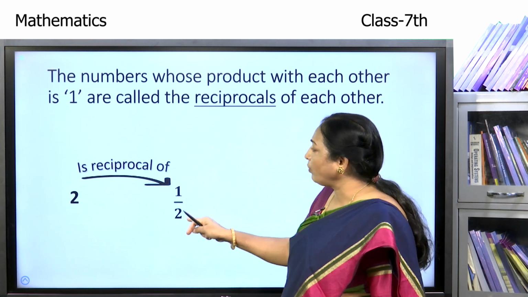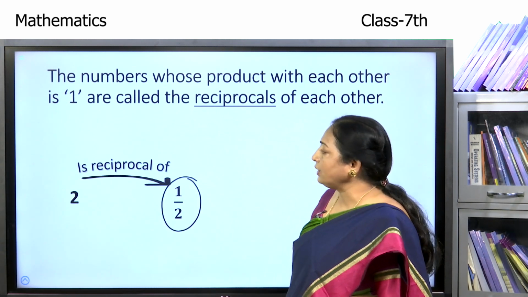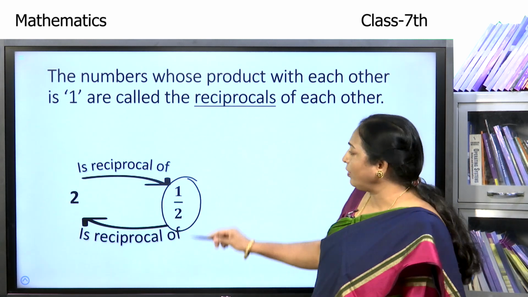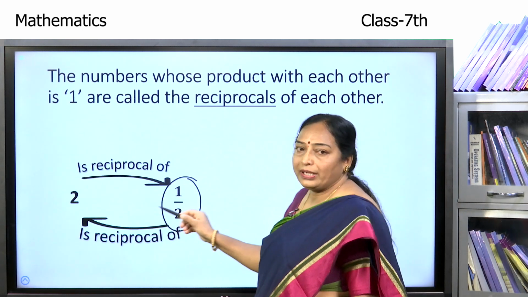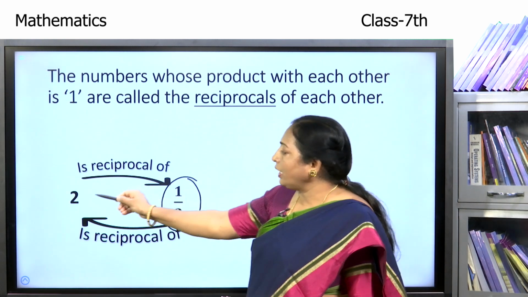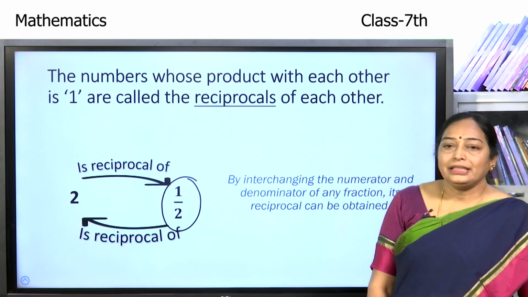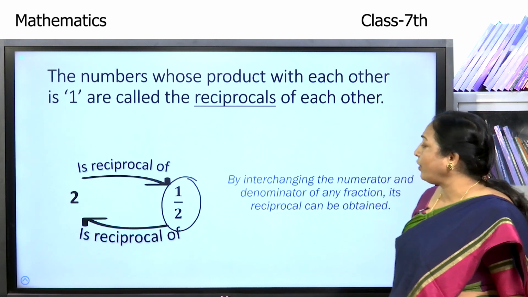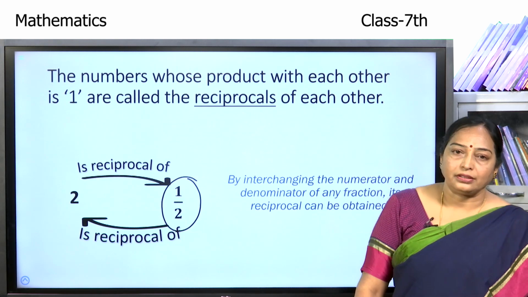The reciprocal of 1 by 2 is 2. Again, we interchange the numerator and denominator, and by interchanging 1 by 2, we get 2 by 1, that is 2. By interchanging the numerator and denominator of any fraction, its reciprocal can be obtained.